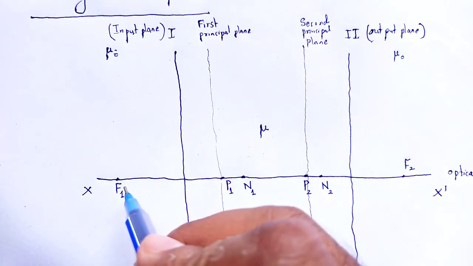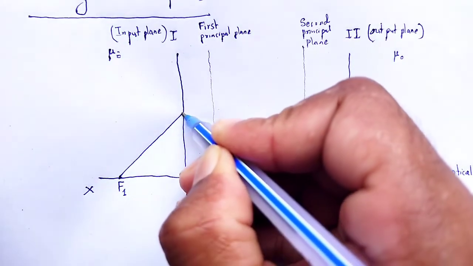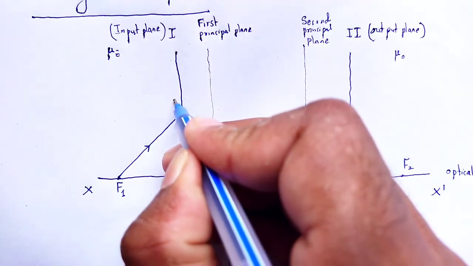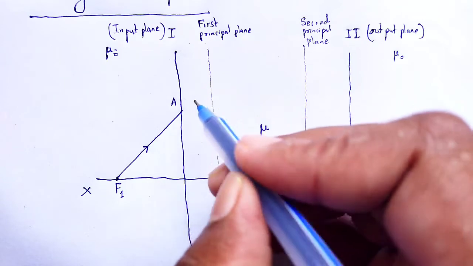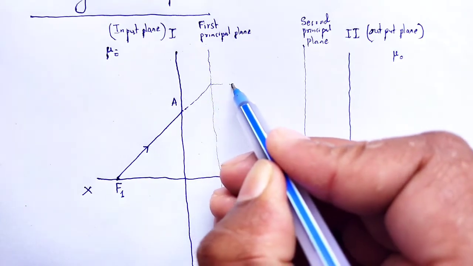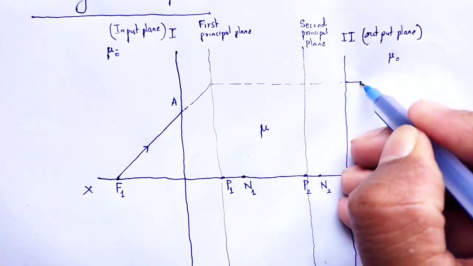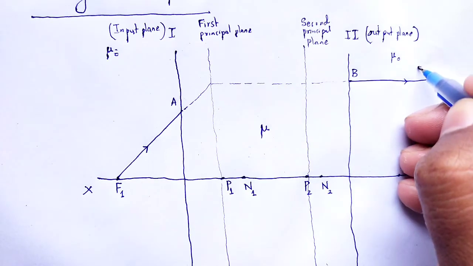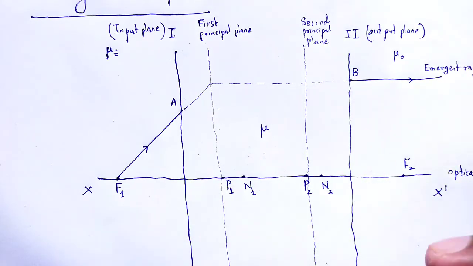The first incident ray is incident on the input plane at point A, then the ray emerges at point B parallel to the optical axis.